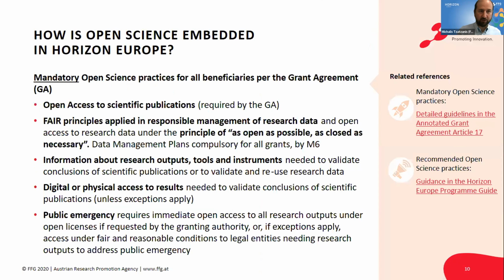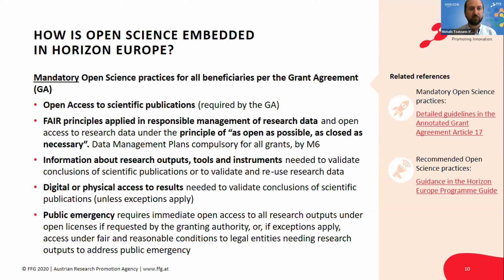What are the mandatory open science practices that all participants in Horizon Europe projects need to comply with? On the one hand, the oldest of all open science requirements, open access to scientific publications, which does not mean obligation to publish. That definitely is not the case.